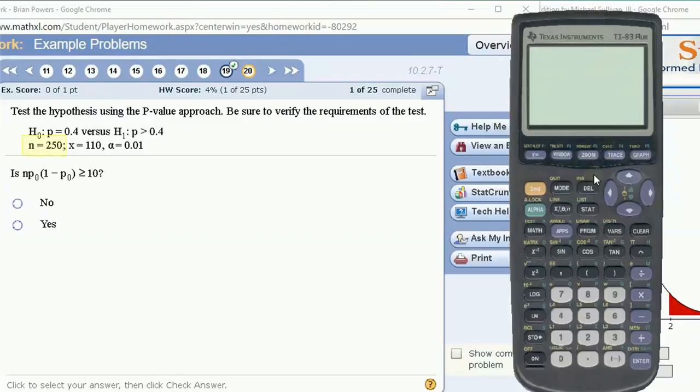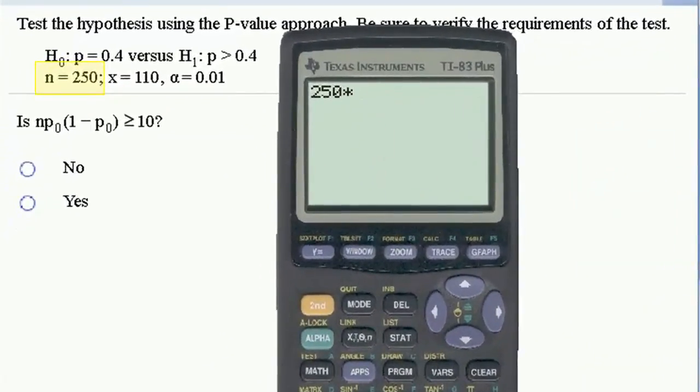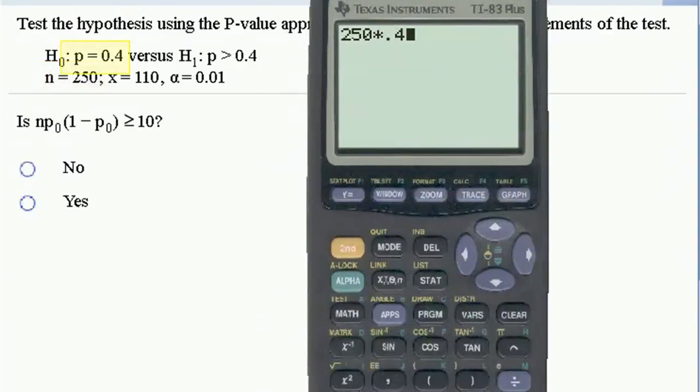Is the sample size, that's 250, times the proportion from the null hypothesis, 0.4 times 1 minus 0.4, greater than or equal to 10? Yes, indeed it is.